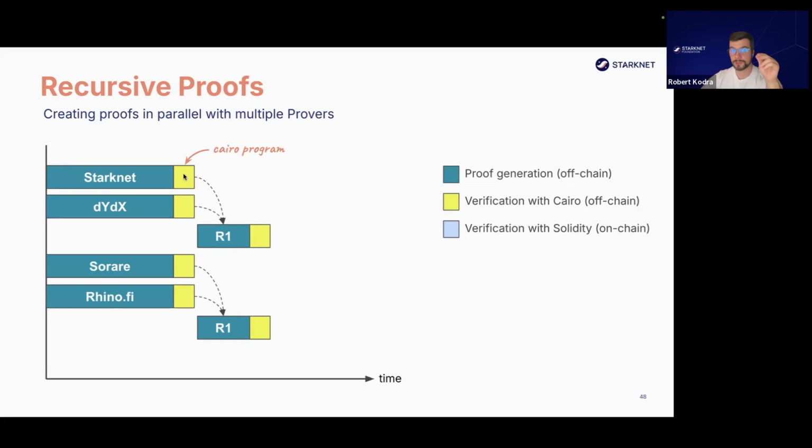Only because the internal module, the verifier, is a Cairo program does it allow us to do this. And this is off-chain. And finally, we reach the R2, which is a level 2 recursion in this case. And this is the validity proof that's being sent to the layer 1 verification on chain.